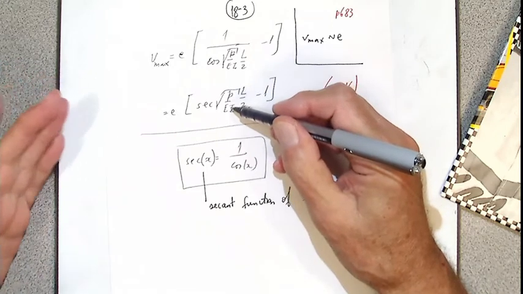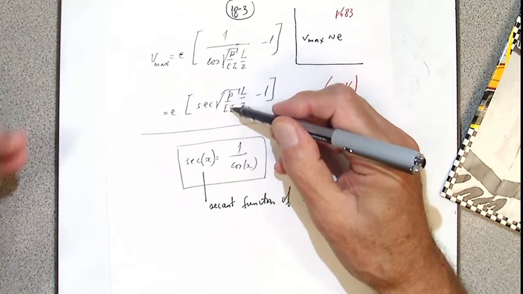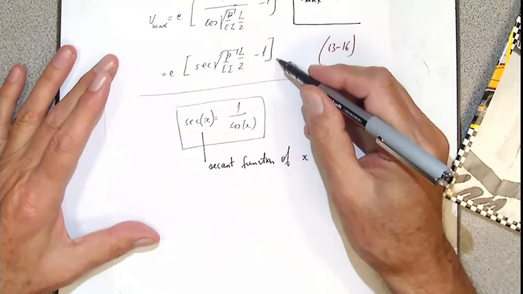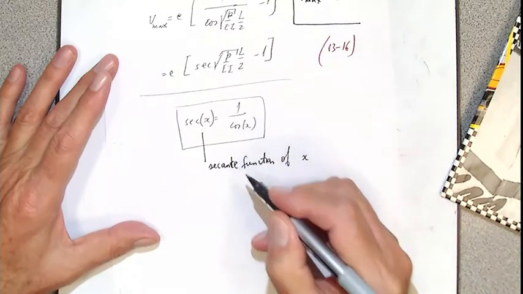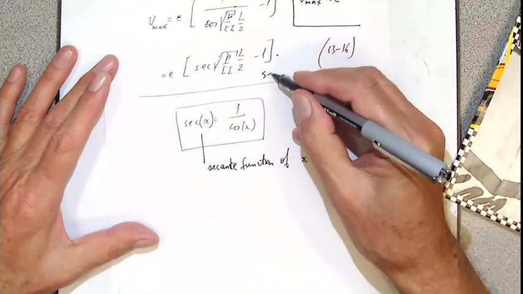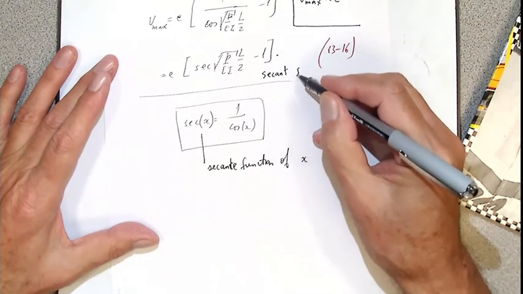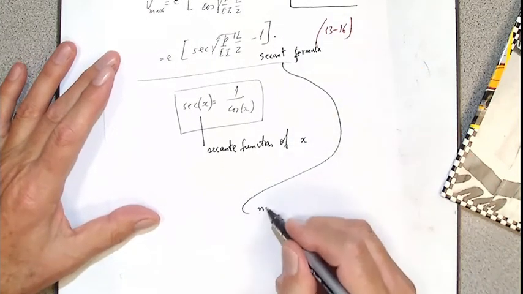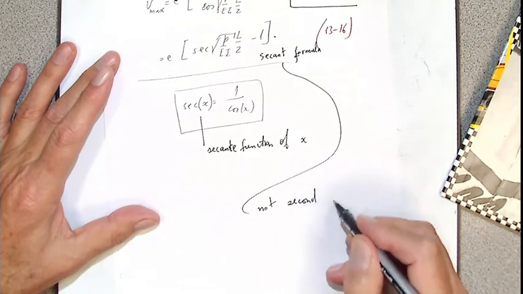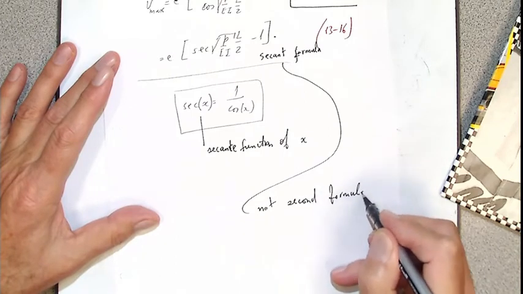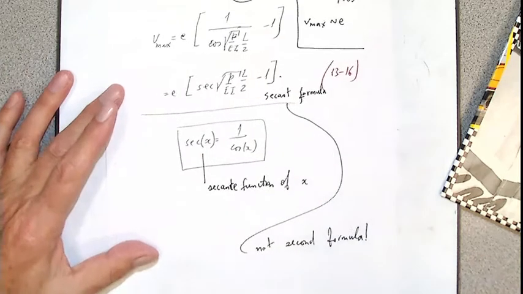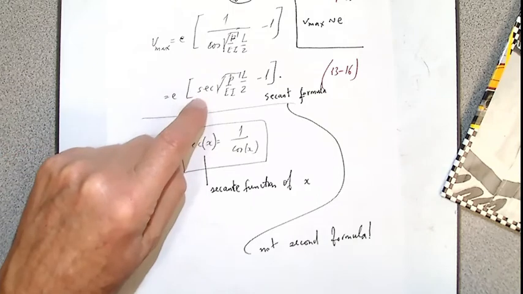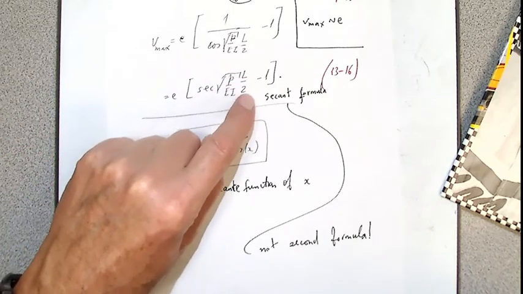Usually in Europe we call it secans, not secant, but the formula is the secant formula. So we found that the maximum displacement due to eccentricity equals E times the secant function of square root P over EI, L over 2, minus 1.